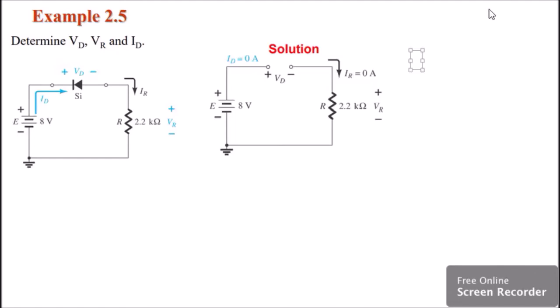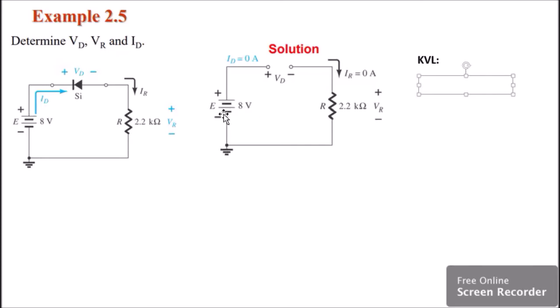KVL. We have KVL. Based on our KVL, we'll start our loop here. Always go clockwise.